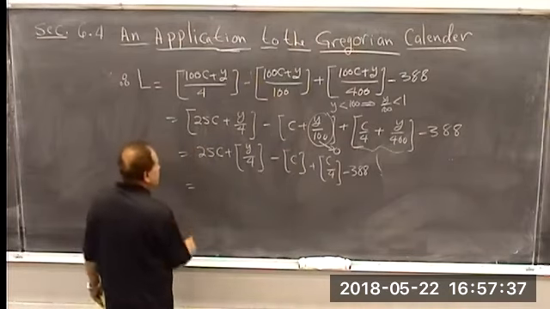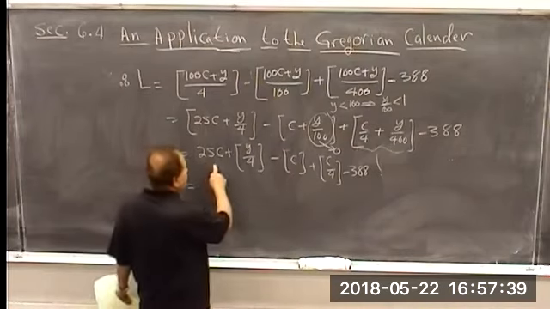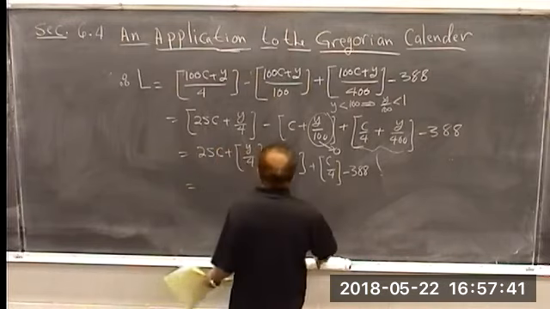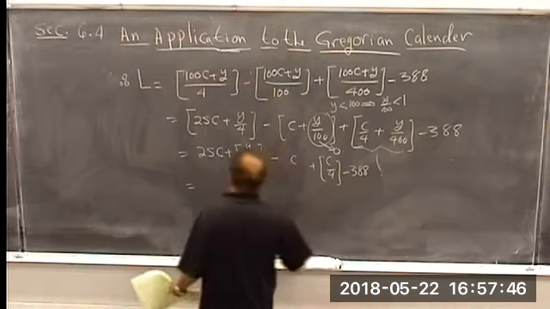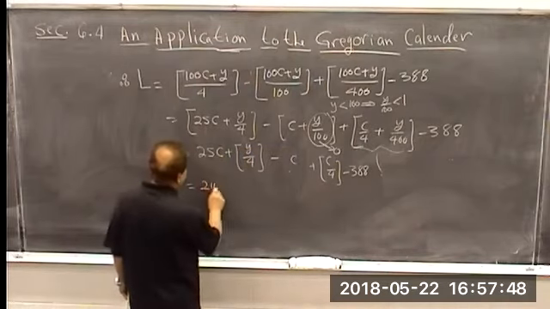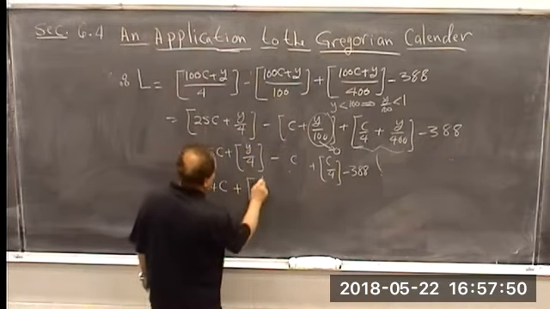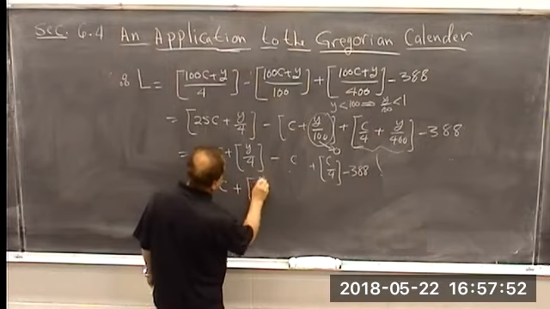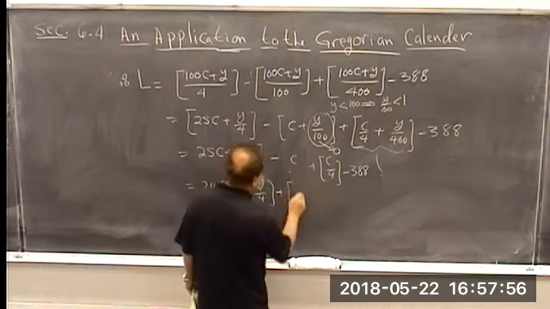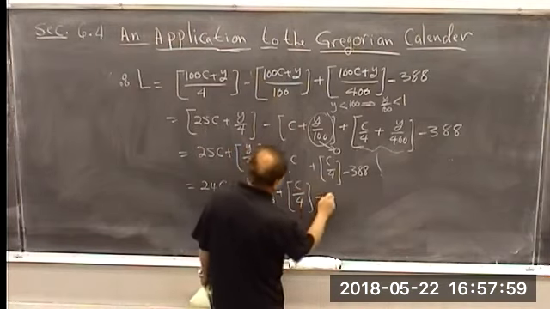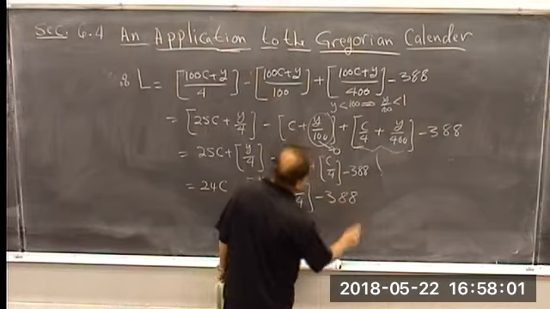And this is equal, so 25, and C is a century, so this is a whole number. So this gives me 24 C plus y, little y, sorry, over 4 plus C over 4 minus 388.